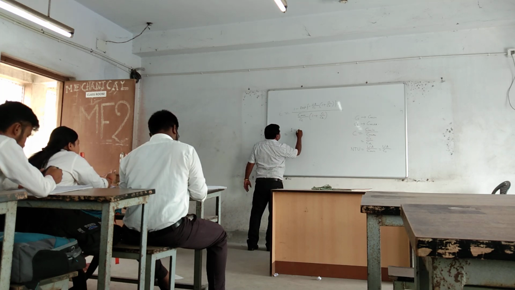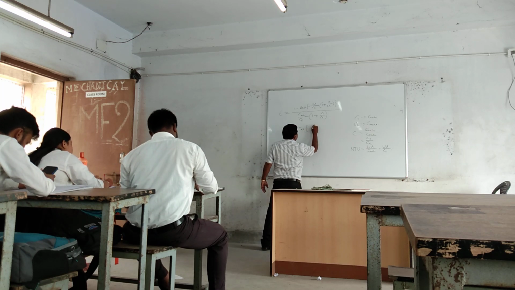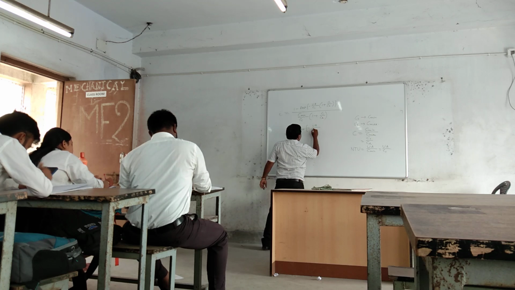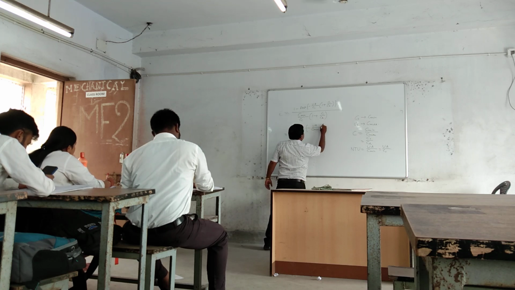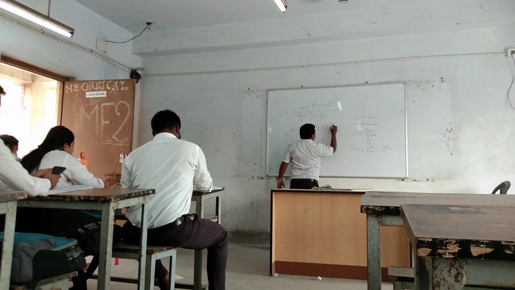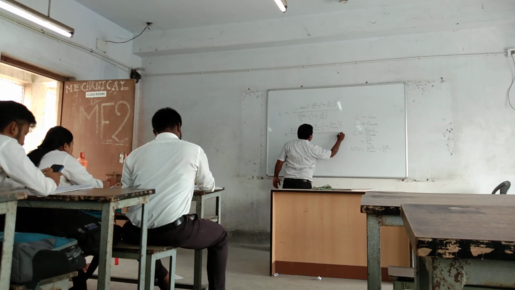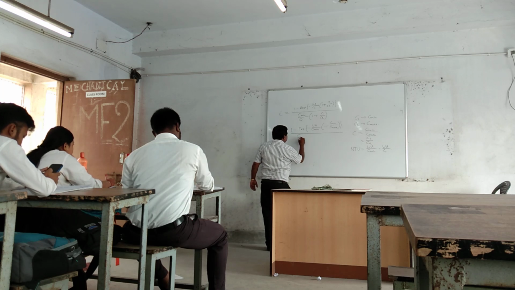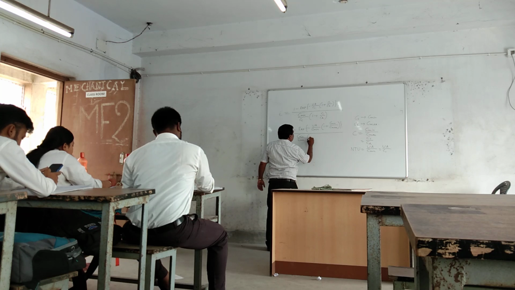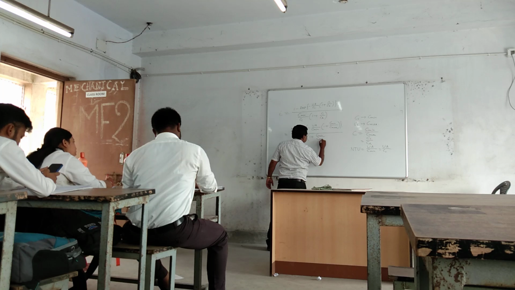So applying this, what we shall get? 1 minus exponential minus UA by C min into (1 plus C min by C max), divided by C min by C min into (1 plus C min by C max).